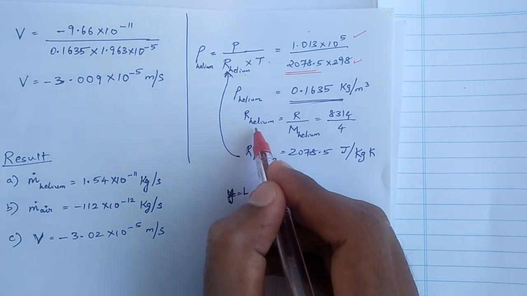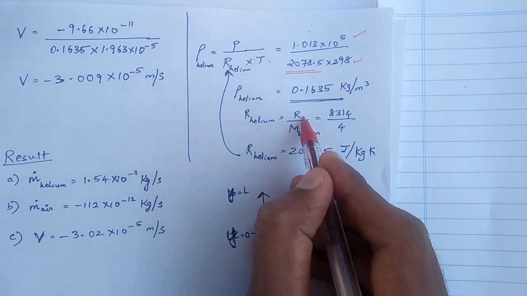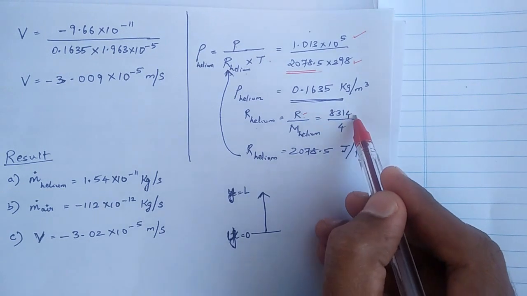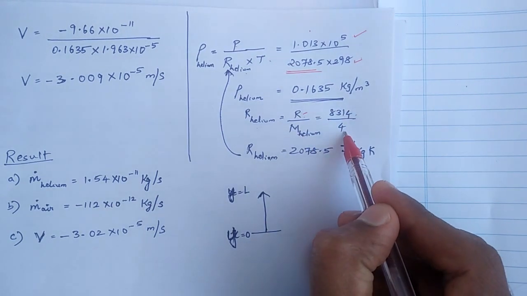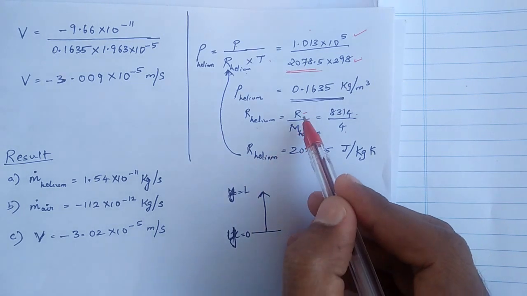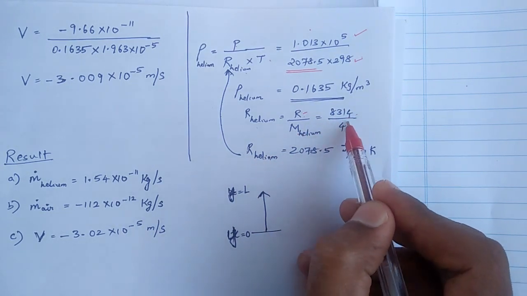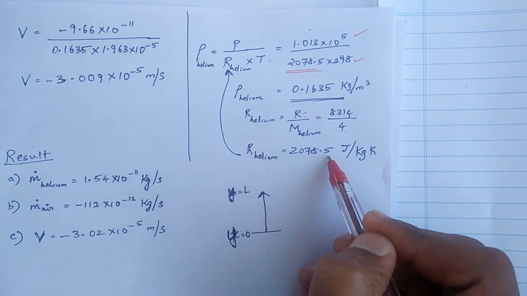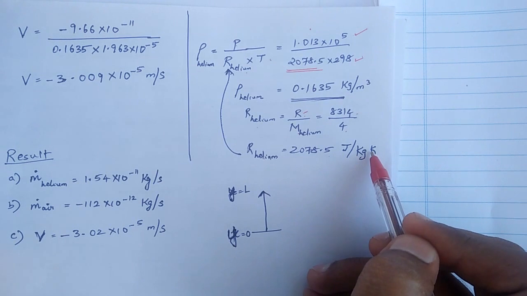The characteristic gas constant is given by the universal gas constant divided by molecular weight. The standard value of the universal gas constant is 8314. Molecular weight of helium is 4. So the characteristic gas constant of helium is 8314 divided by 4. This comes around 2078.5 joule per kg Kelvin.